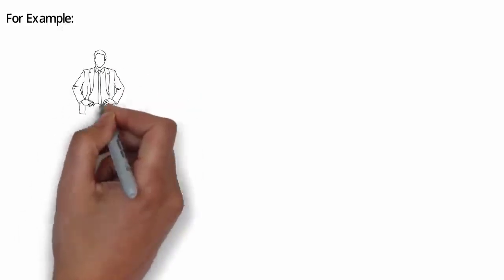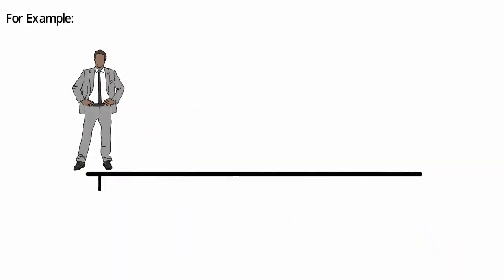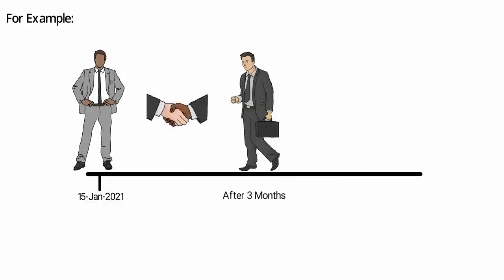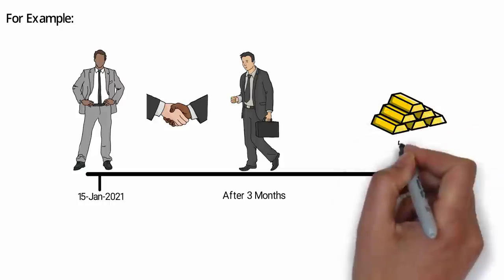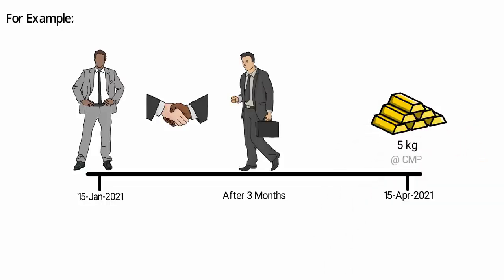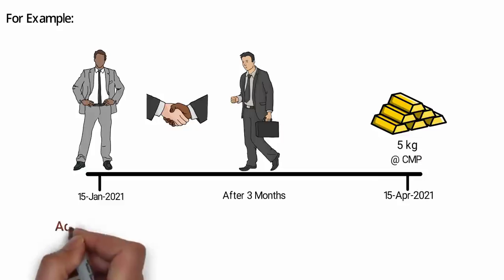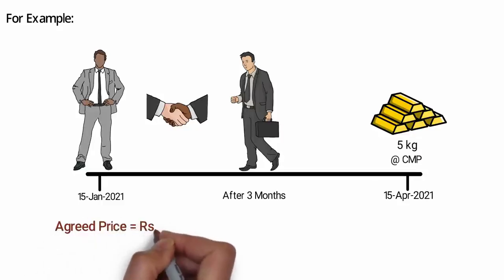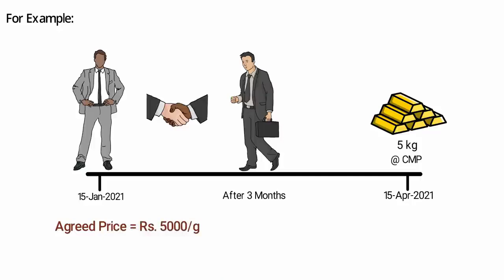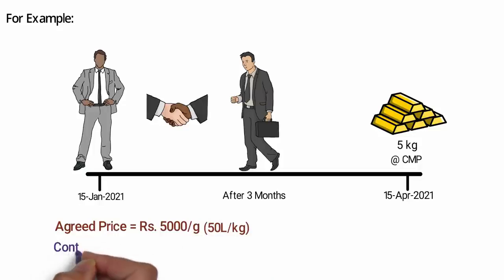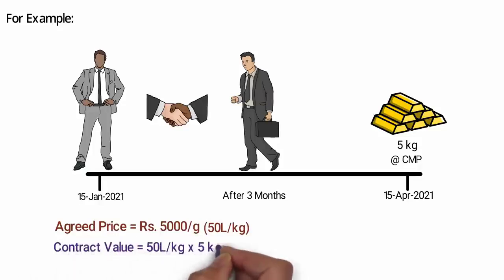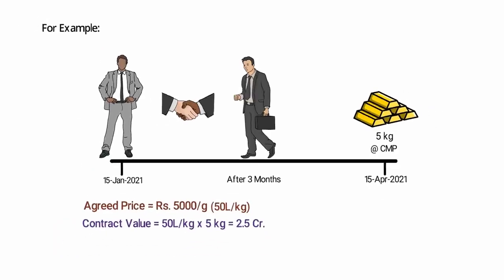So let's look at an example to understand forward contracts. You are a jeweler, and on 15th of January 2021, you made a deal with a gold importer that after 3 months, that is on 15th of April 2021, you will buy 5 kg of gold from him. The price you both agreed was the current market price, that is 5,000 rupees per gram, which is 50 lakhs per kg, which makes the contract value 50 lakh per kg into 5 kg, that is 2.5 crores.